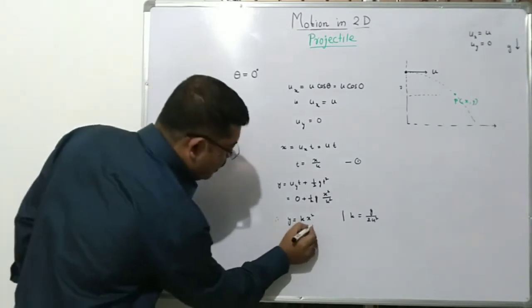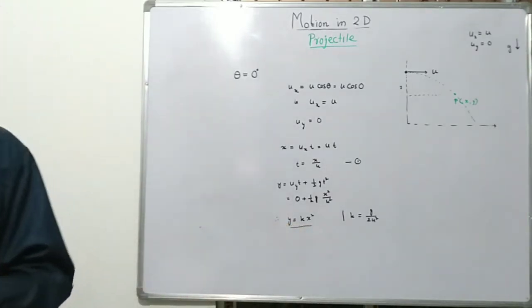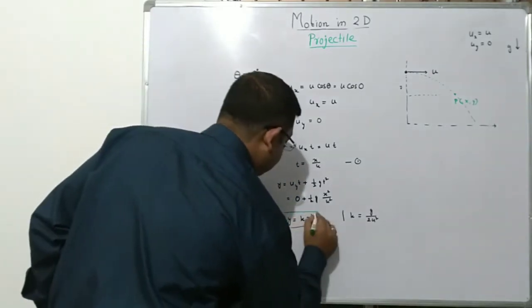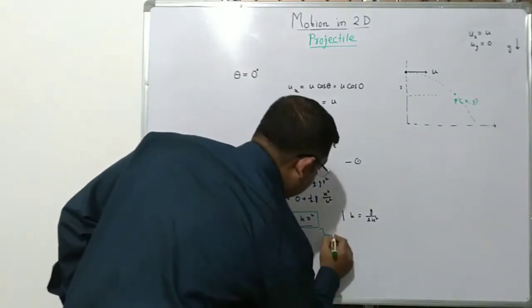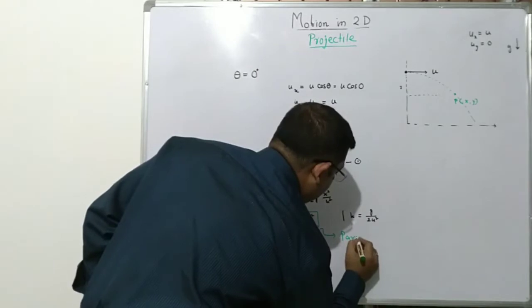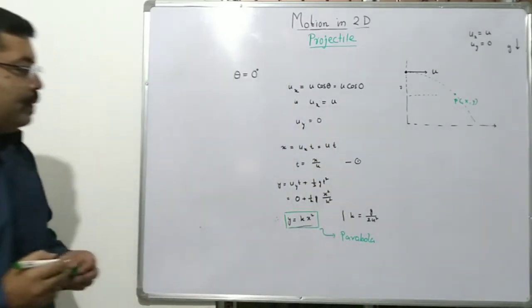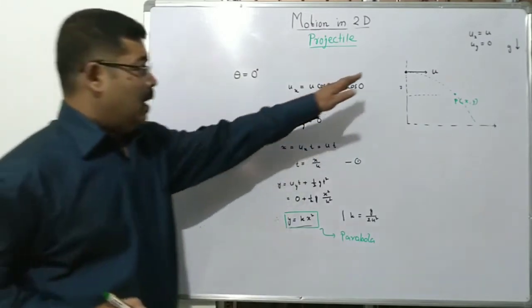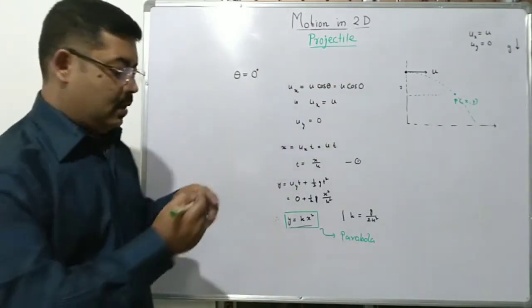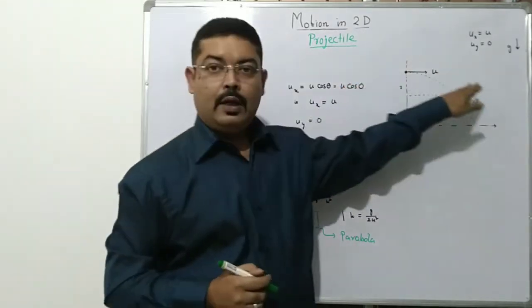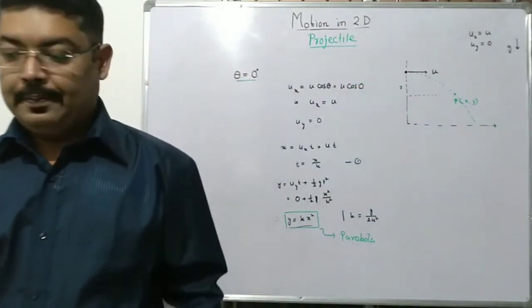Now this equation y equal to kx squared is again the equation of a parabola, which means even if the object is projected horizontally, the path followed by it will still be parabolic.